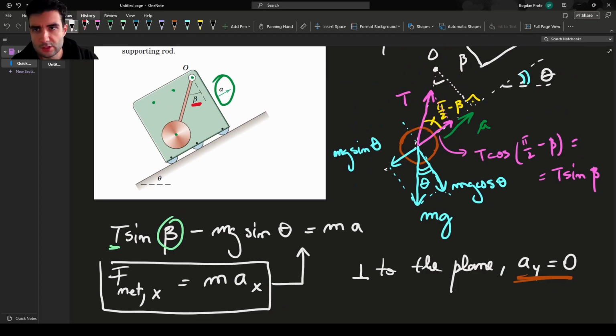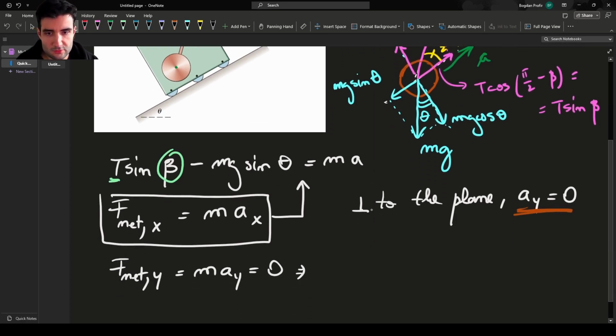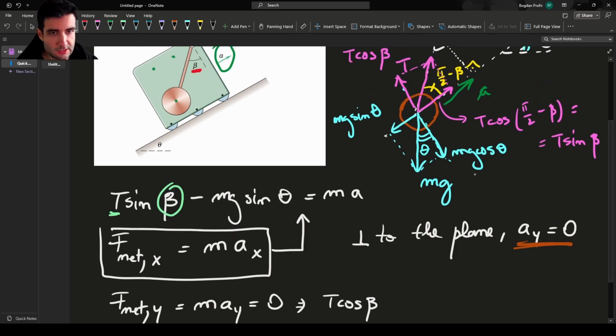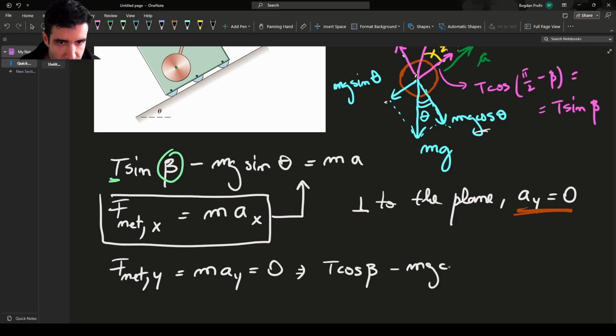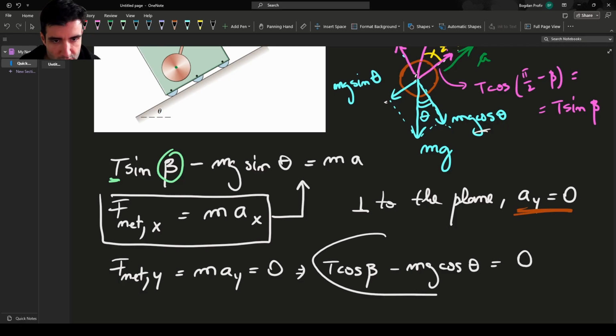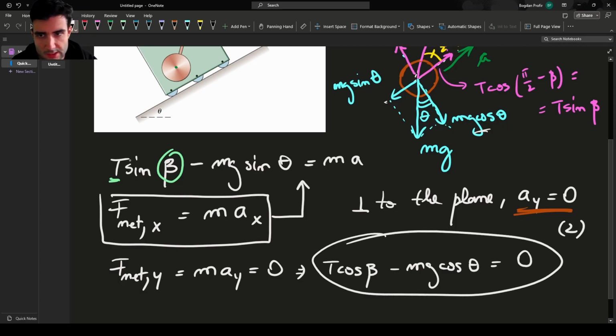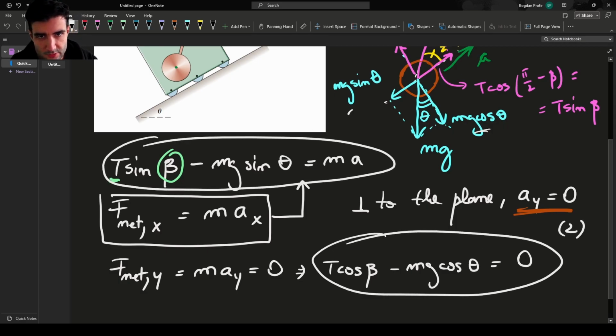First of all, we have the force of tension, which is T cosine of beta, and the other force is mg cos theta. So T cos beta minus mg cos theta is equal to 0. And that's our second equation, and this was our first equation. That's pretty much everything.